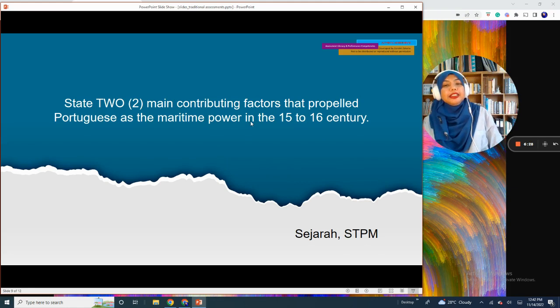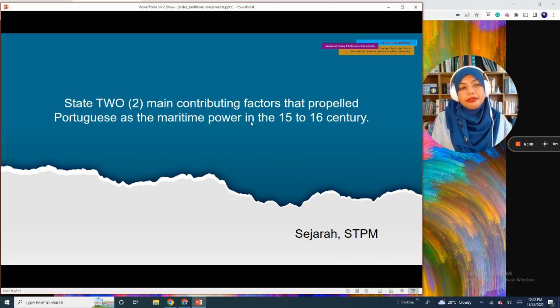Okay, so this item, of course, because it's an item in a test and exam, is very much teacher structured in the sense that you are not allowed to argue. You are not allowed to elaborate. You cannot even write an essay about this because the question has explicitly stated that you only need to state. Okay? And how many? State only two.